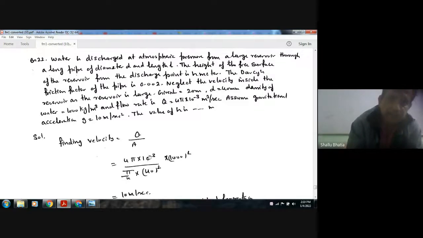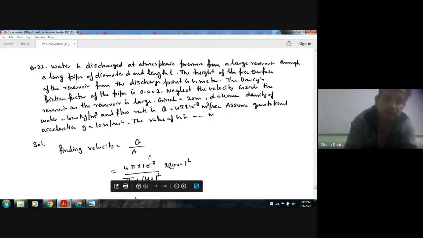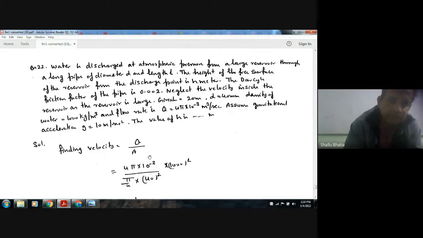The water is discharged to the atmosphere from a large reservoir. The height of the free surface is h meter. L is your 20 meters and D is your 40 mm. So Q is given as 4 into 4 pi into 10 power minus 3 meter cube per second, and the diameter is 40 mm.